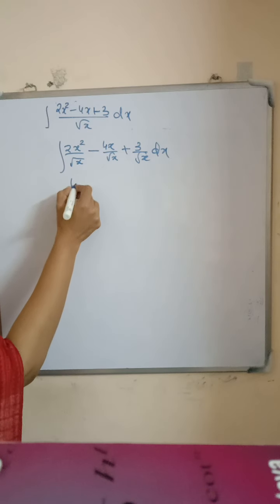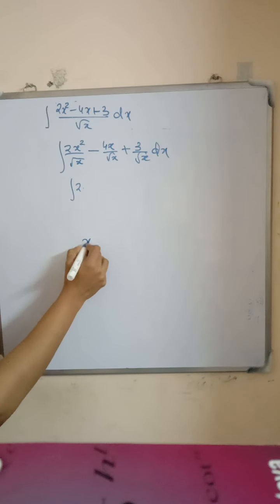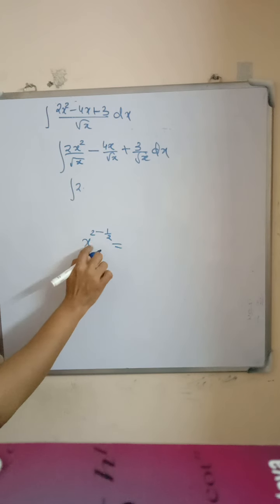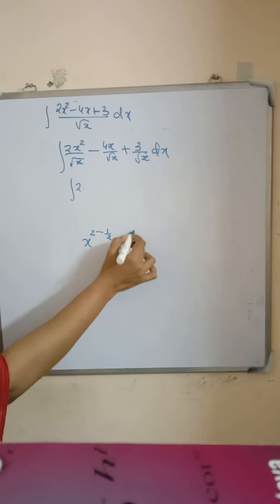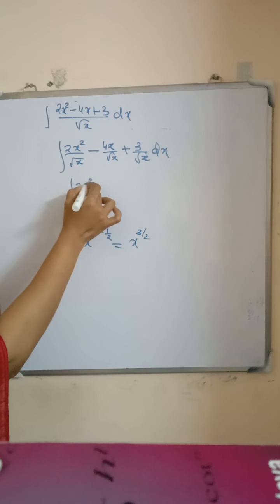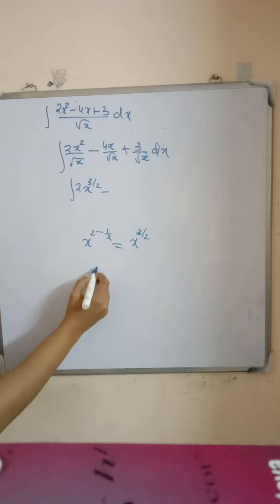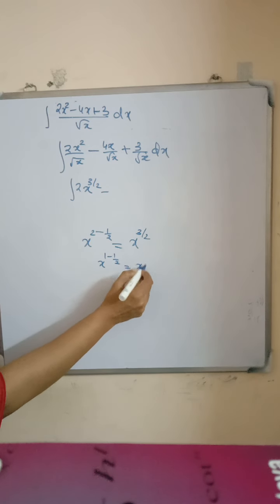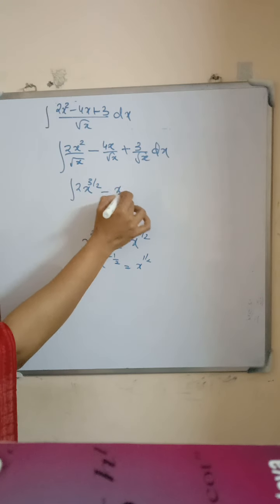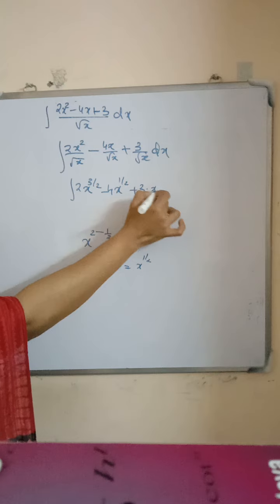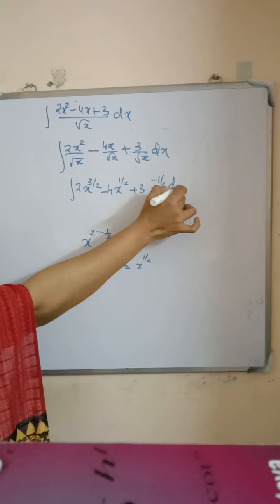What is x square by root x? x raised to 2 minus half, that is x raised to 3 by 2. And x by root x is x raised to 1 minus 1 by 2, that is x raised to 1 by 2, so 4x raised to 1 by 2, plus 3x raised to minus 1 by 2 dx.